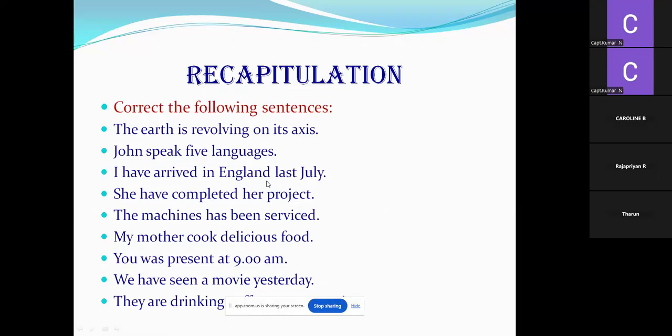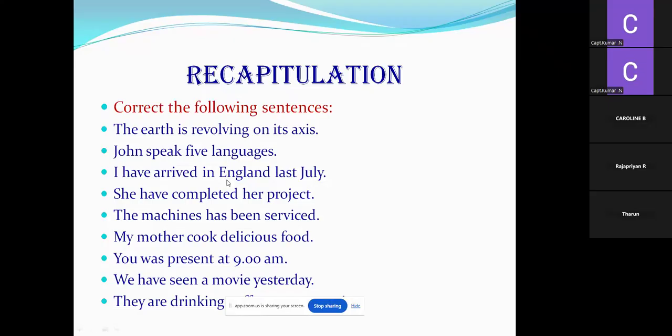When do we mention time for a past activity? When we use simple past tense. So here, when the time is mentioned, the verb should be in simple past tense. So what should be the verb? I arrived in England last July. That should be the correct sentence.